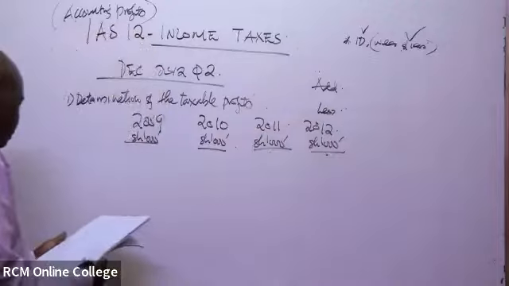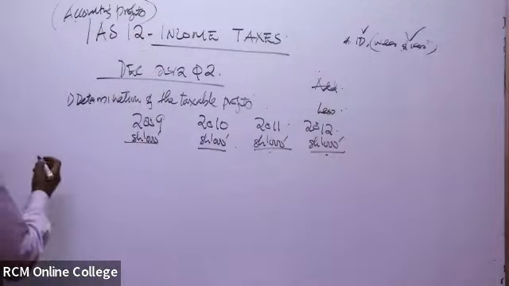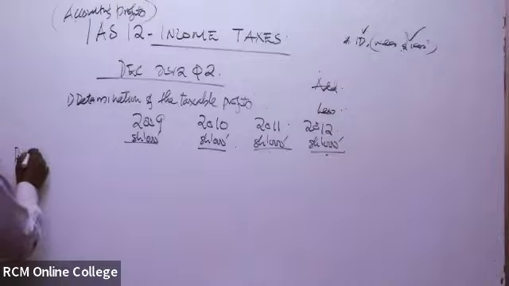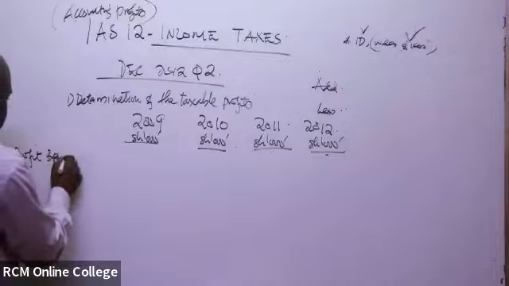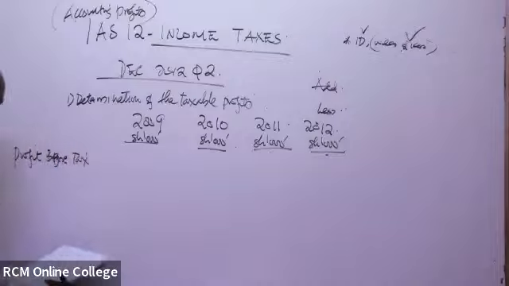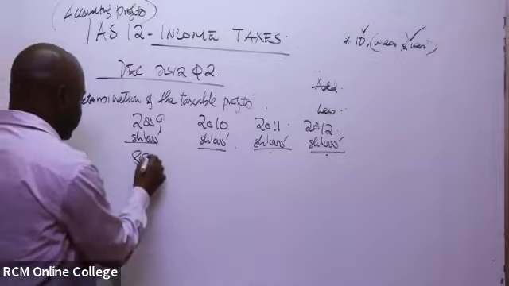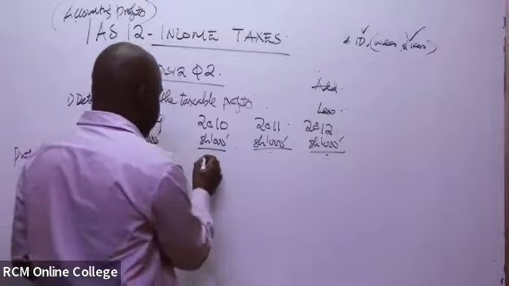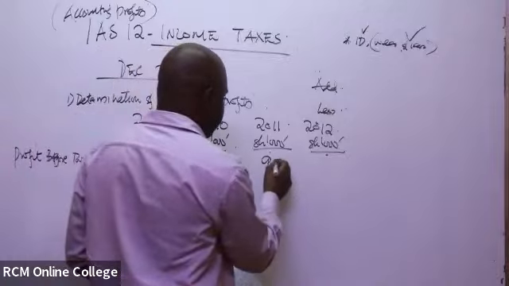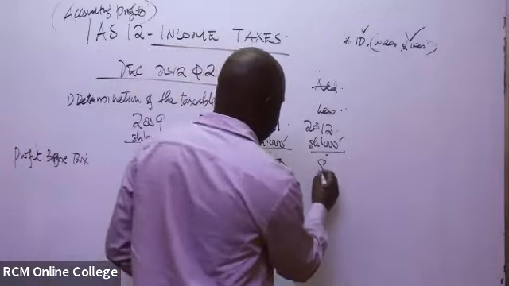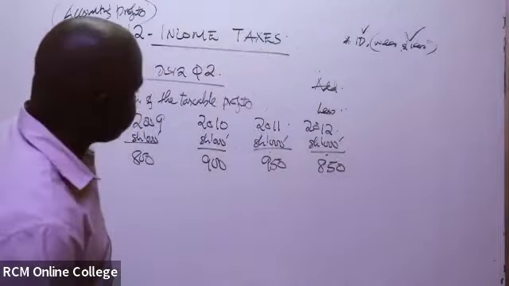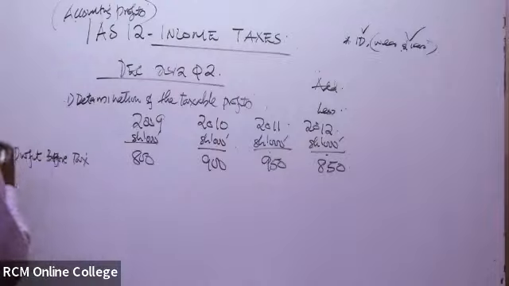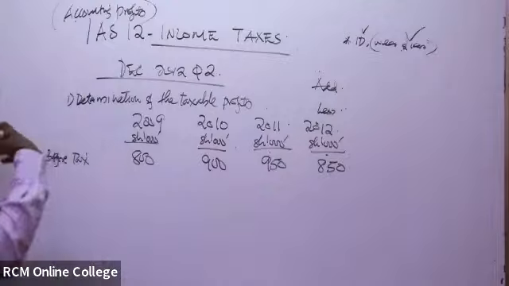So the profit before tax as per the books of accounts, from our table there, is 800,000, then 900,000, then 950,000, and then 850,000. But when the taxman is considering the taxable profits, he doesn't consider depreciation as an expense.